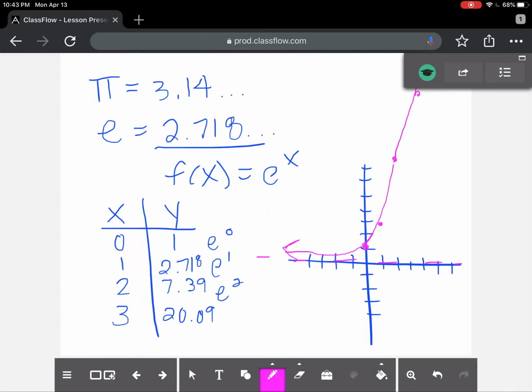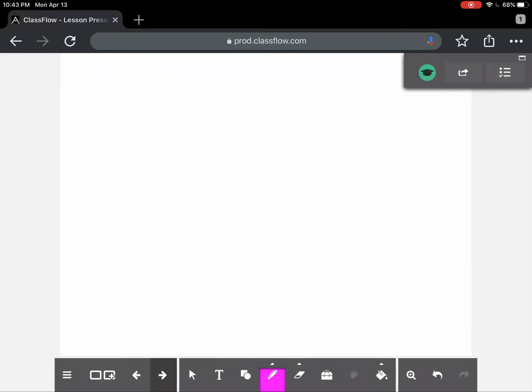Okay, we're going to be talking about a lot of application problems, and all of these have formulas that go with them. Okay, so the first formula we're going to be talking about is A equals P times 1 plus r over n raised to the n times t power. Okay? Each of these variables means something.